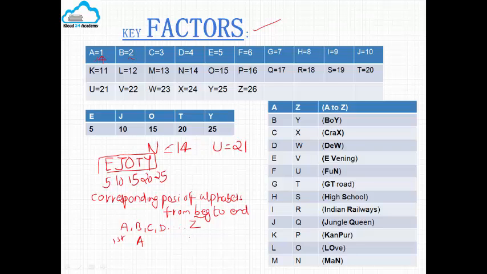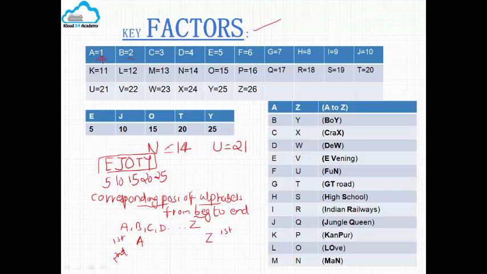What if I ask you the first position from the end? So the first position from the end is of alphabet Z. So these are the corresponding positions of alphabets from beginning to end. So the first position from beginning is A and the first position from the end is of Z.